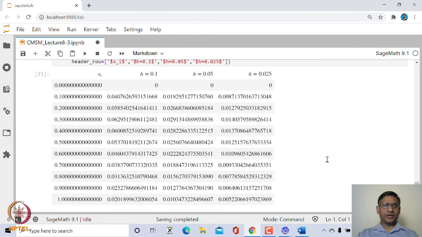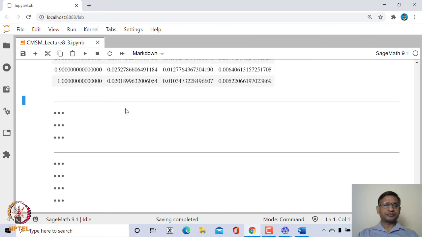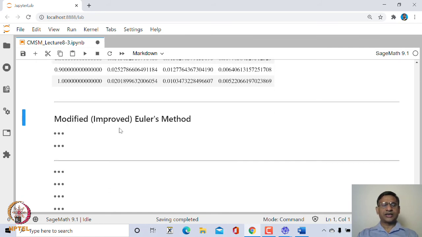So now it will go up to 1, right. So that is what we saw. So you can see here the error is almost becoming half. So this h is half of this and this h is half of this, and the error is also becoming half in this example, right.